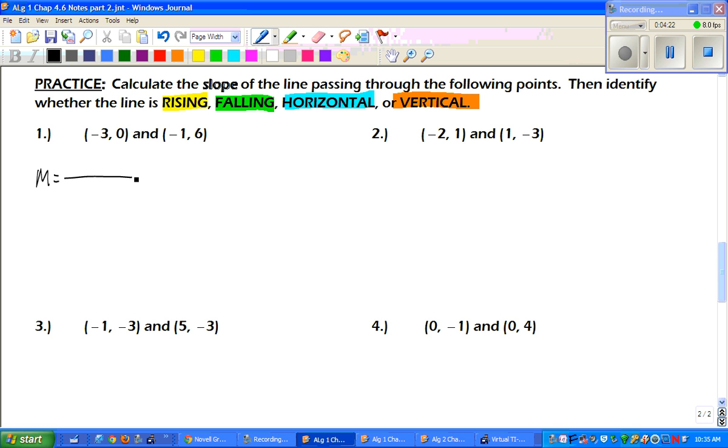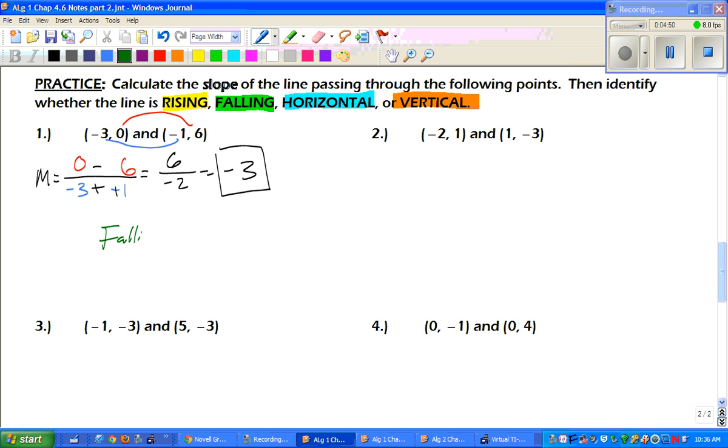So m equals, every single time you should just automatically write that down. 0 and 6. -3 minus 1. 0 minus 6 is 6. Click, click. Get -2, which gives us -3. So there's our slope, but this is actually good. This is falling, okay, because it's a negative slope.